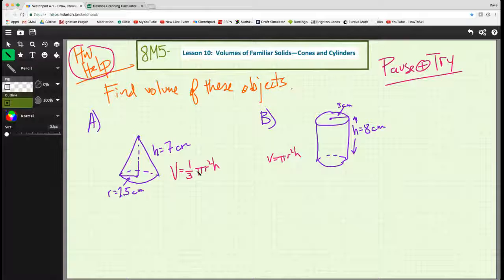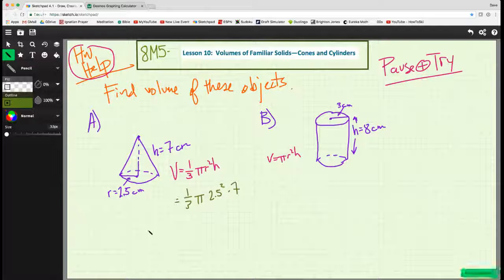Volume equals 1/3 pi r squared h. R squared is 2.5 squared times h.